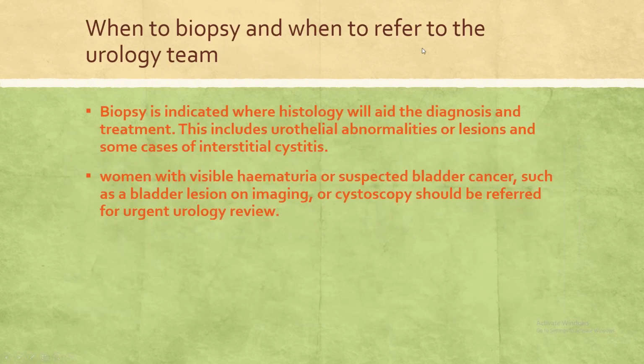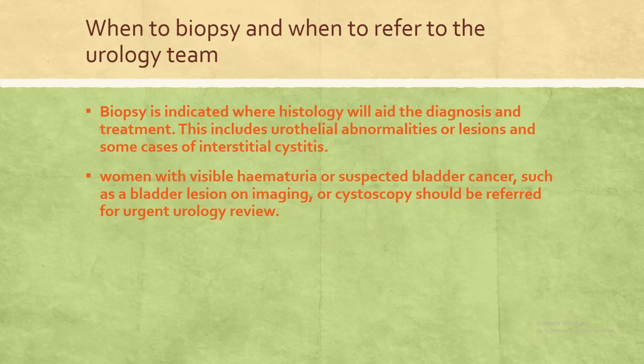Now, when to biopsy? When the gynecologist can take the biopsy, and when you have to refer the patient. Biopsy is indicated where the histology will aid the diagnosis and treatment, like urothelial abnormalities or lesions, and in some cases of interstitial cystitis. These are mild cases of interstitial cystitis or any urothelial abnormalities, that is epithelial abnormalities, that you can take biopsies.